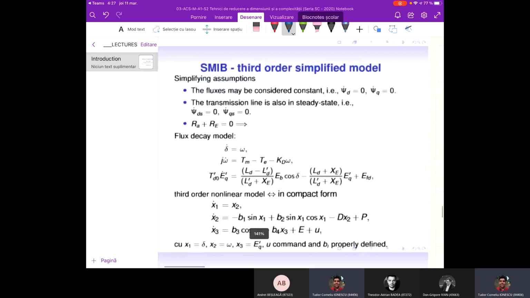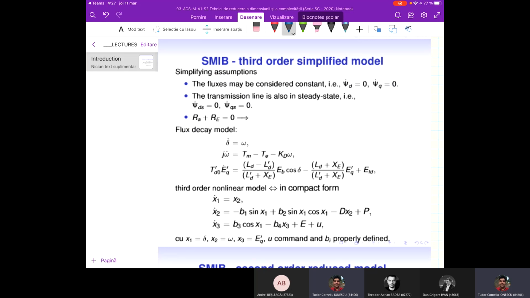So what physicists and electrical engineers have tried to do is simplify the 7th or 8th order model with a simple third order model, of course performing physical assumptions. For instance, they considered the fluxes to be static or constant, so the equations of the dynamics of the fluxes are 0.